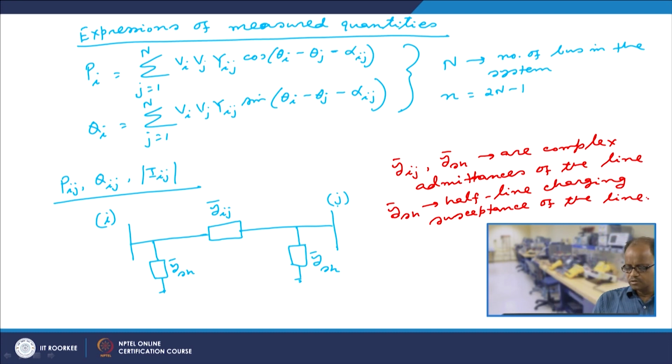So now we are trying to find out what is the current Iij. This current is nothing but this current plus this current. So Iij is equal to I1 plus I2. So this is I1, I2.